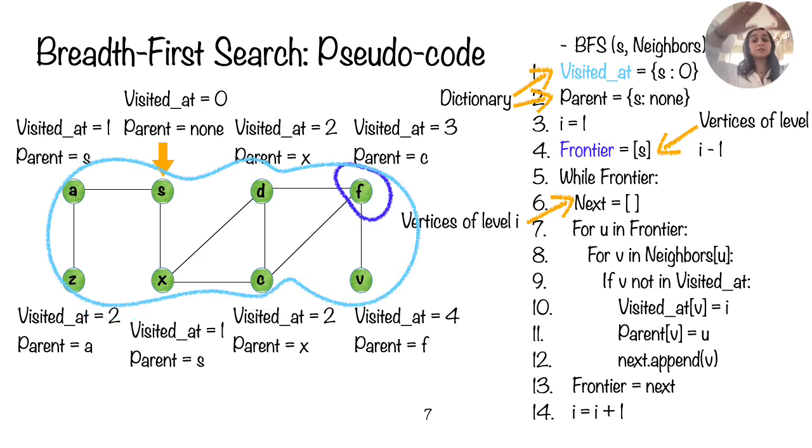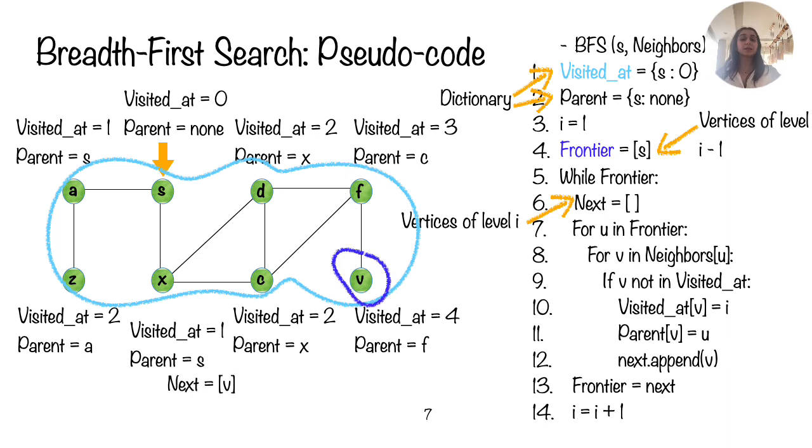And now I filled everything with water. I need to update the frontier. This is the last vertex. Now it looks around. It says, oh, are there any neighbors? Are they visited? No. So it's not going to be appending any value to the next. And because it's not going to be appending any value to the next, you won't have any frontier.